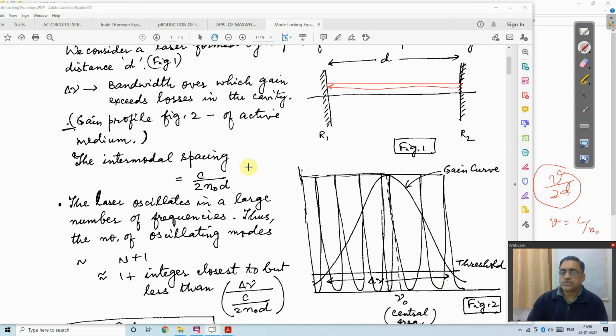This actually gives the number of such peaks in the time domain. When we divide by this number, the number of oscillating modes is obtained.